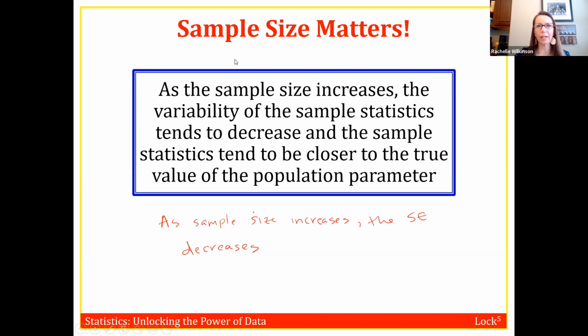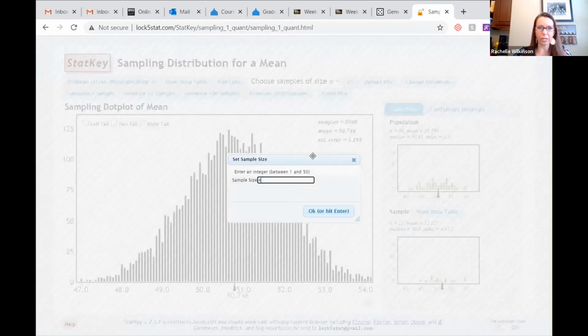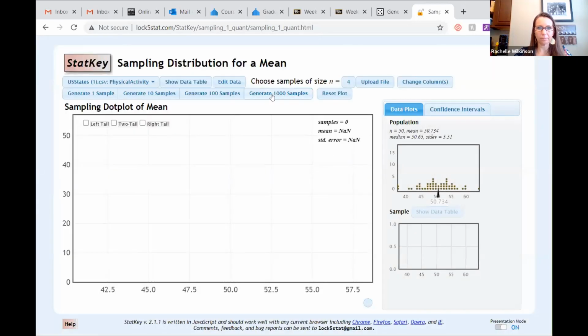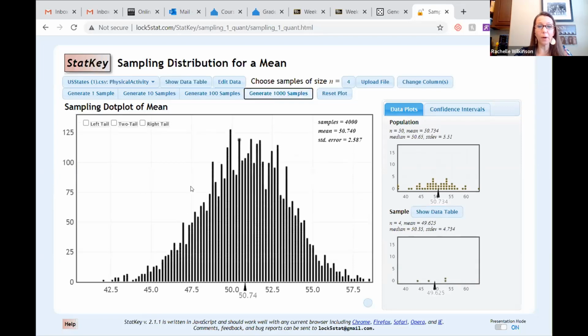All right, and if I look back at my graph, I'm going to go back and create one with 4 again real quick. Okay, so remember, these are showing us all the possible values that we could get for x bar. Now I've changed the sample size to 4. So if I take a sample of size 4, these are the possible values that we can get. Looking at this graph, there are lots of sample means between like 47 and 55.